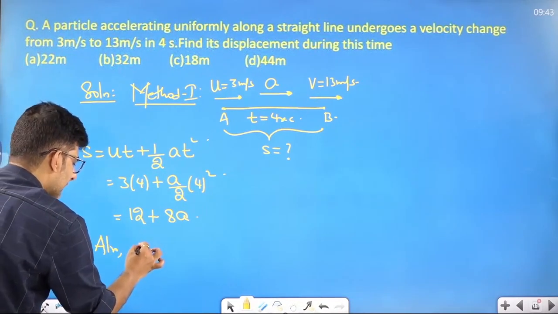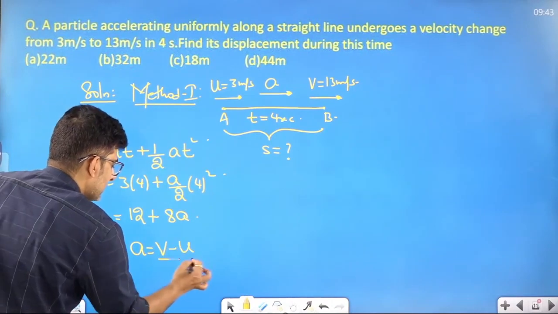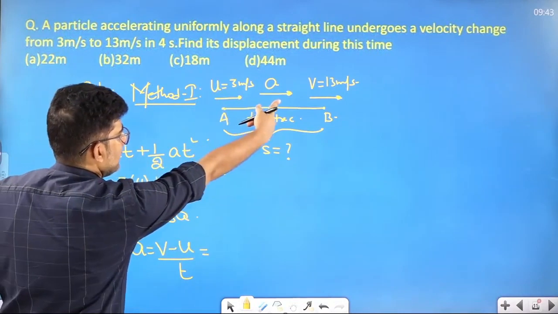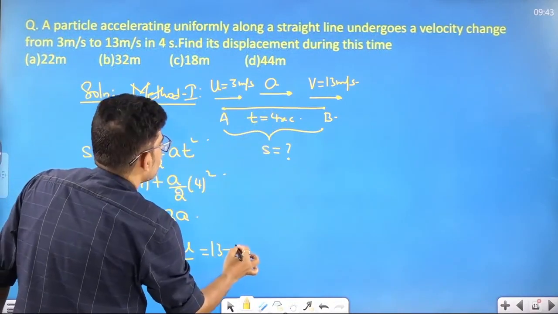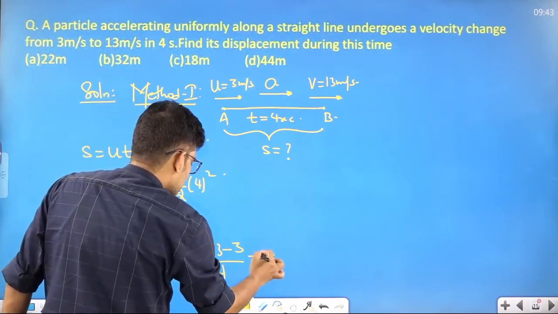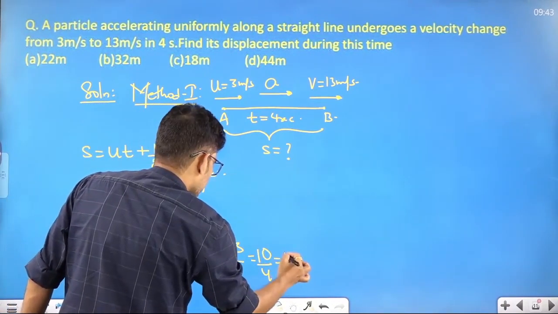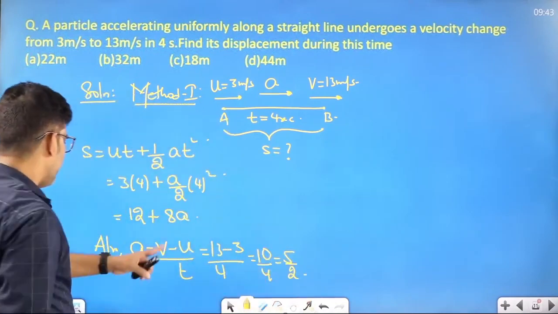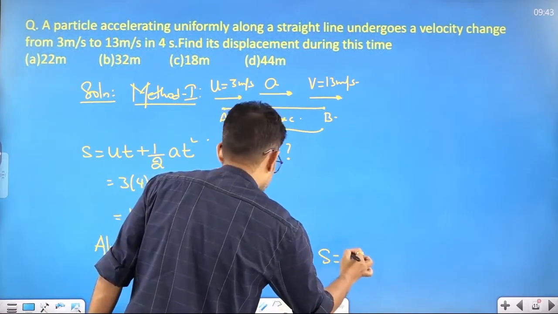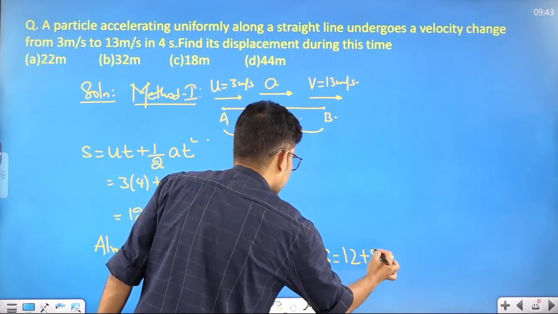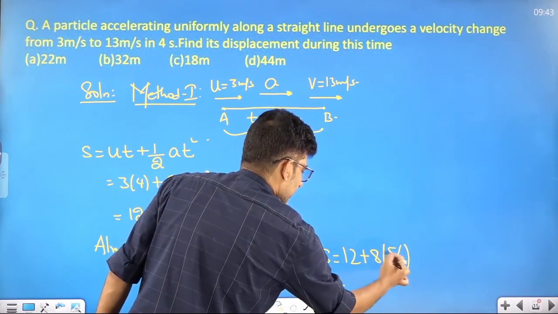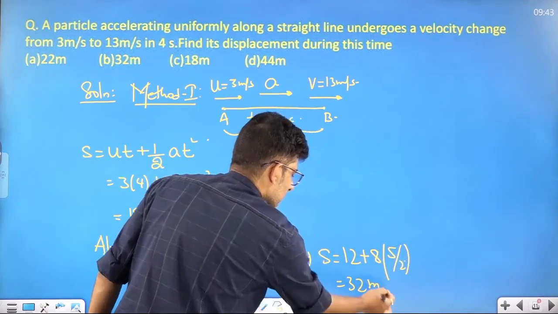We know acceleration can be written as v minus u by t, because v equals u plus at. v is 13, u is 3, t is 4. So 13 minus 3, 10 by 4, which means 5 by 2. So if I substitute in the first equation, s is 12 plus 8 into 5 by 2. 2 fours are 8, 20 plus 12, 32.